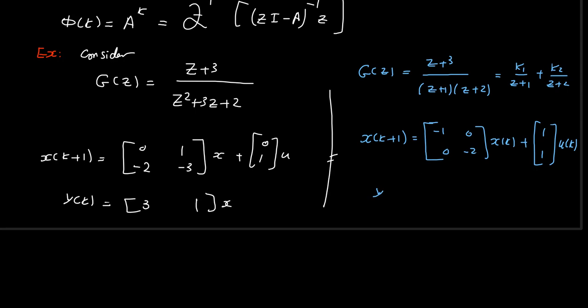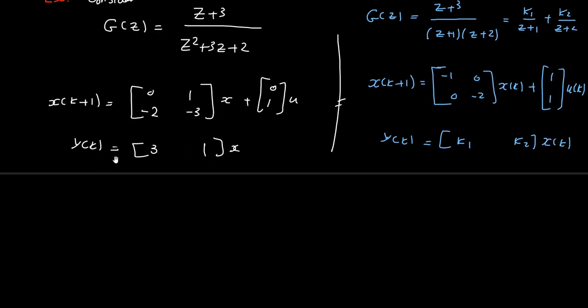For the output y of k, here I will have k1, k2 multiplied by x of k. So if I'm using, let's assume, the direct programming, this will be the A matrix.